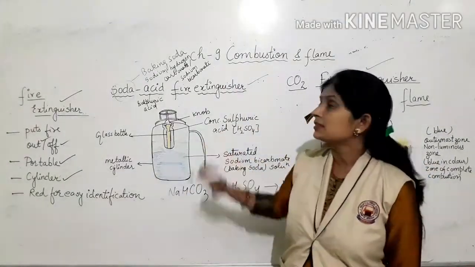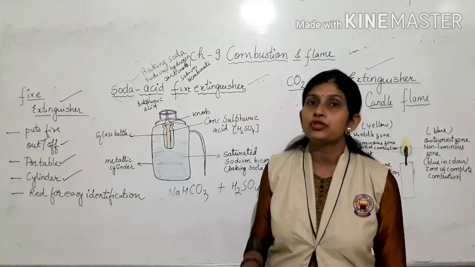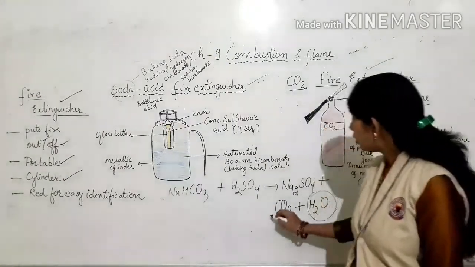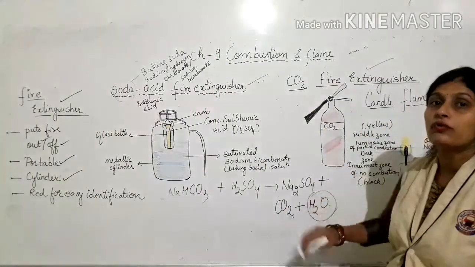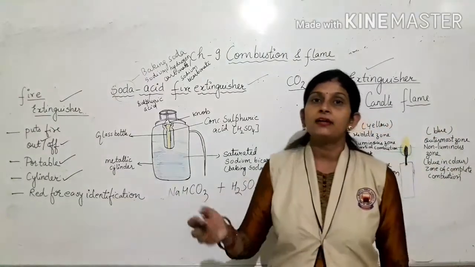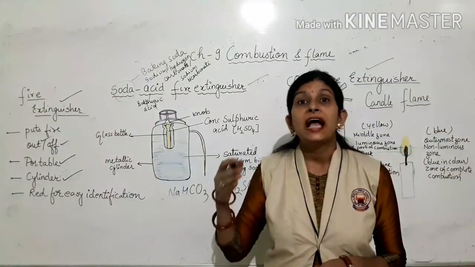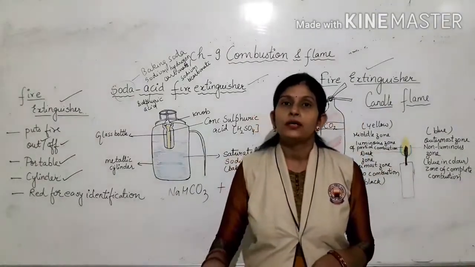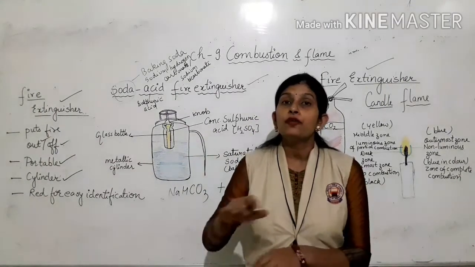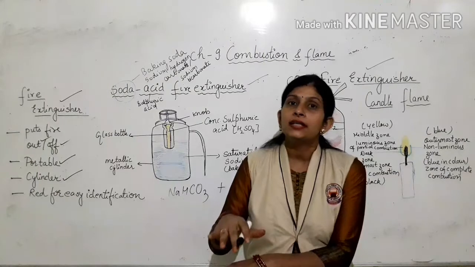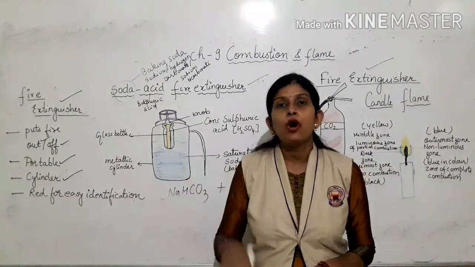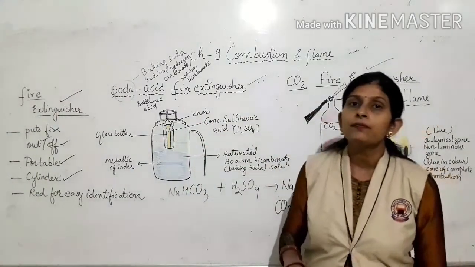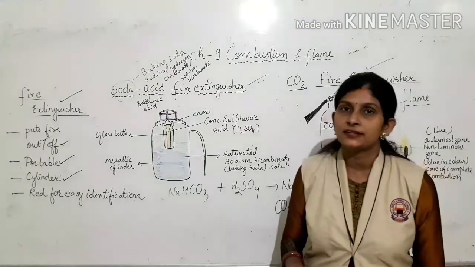If you are using this soda acid fire extinguisher to extinguish the fire caused by oil, then along with carbon dioxide water is also released out, and then that water which is heavier than oil settles down below oil. It means oil floats over the surface of water. Then it will keep on burning. So, it is not quite effective in extinguishing the oil fires.